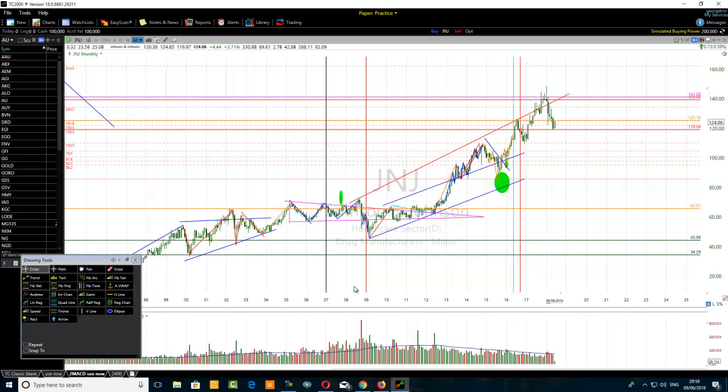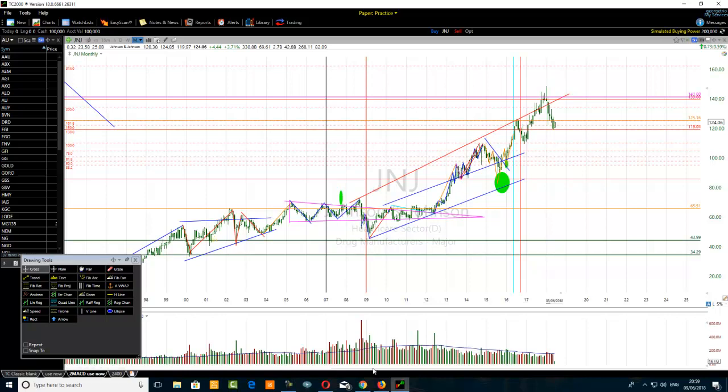Another difference between the ABCDE and the ending diagonal is that the ending diagonal will occur in the fifth wave, very often. But another difference is that for the ending diagonal, as Mr. Merjardi pointed out, he was saying to me that the triangle should be pointing down, all right, for the bullish move to continue.